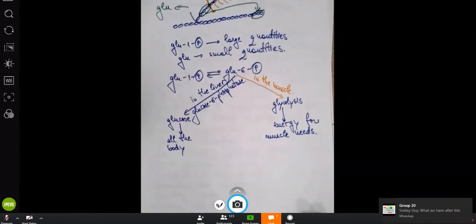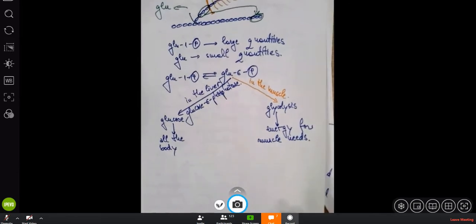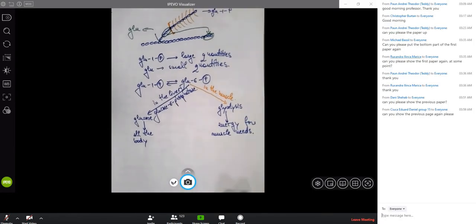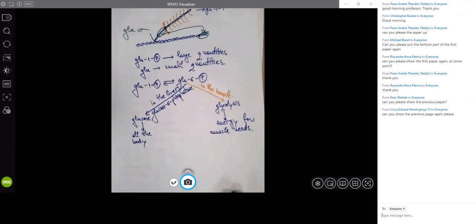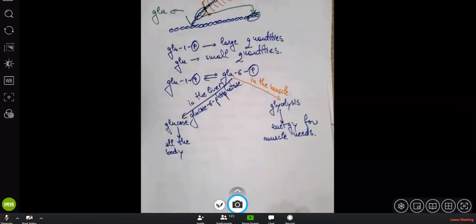In the liver, I have glucose 6 phosphatase, so I'm going to give glucose to all the tissues in my body. In the muscles, I don't have glucose 6 phosphatase, so I'm going to use glucose only for muscle energy needs. Remember, that is a very important thing.